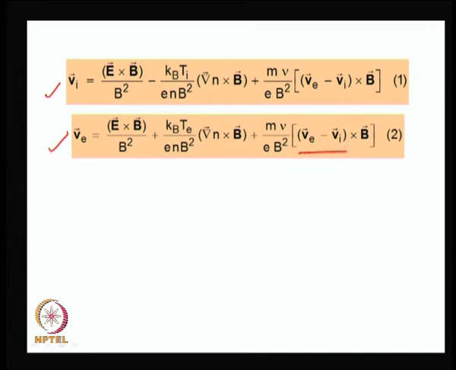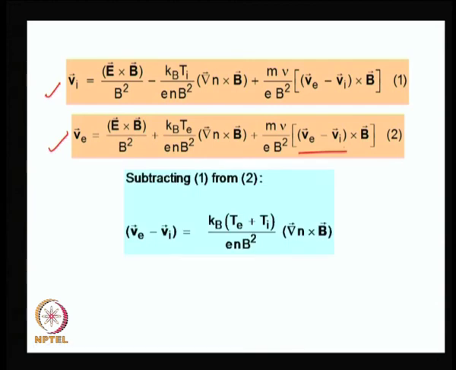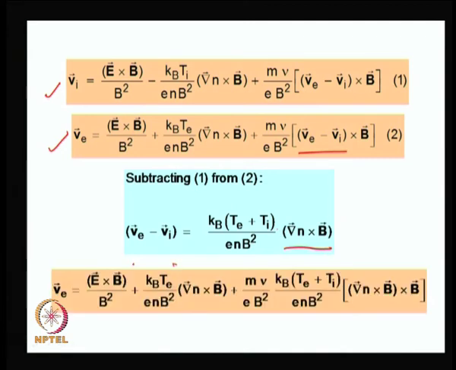What we do is we subtract VI from VE, and we get an expression for VE minus VI in terms of grad n cross B, which we substitute again in these two equations. So, we get VE, all other terms remaining the same.